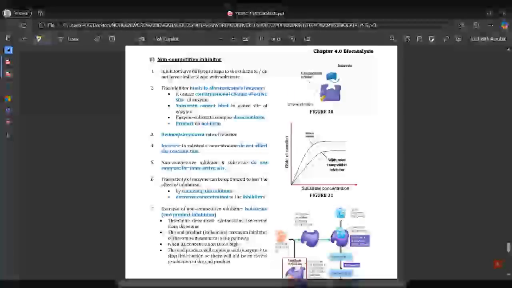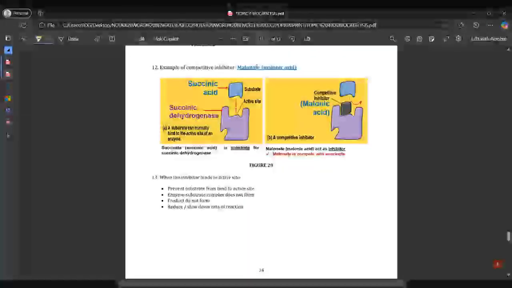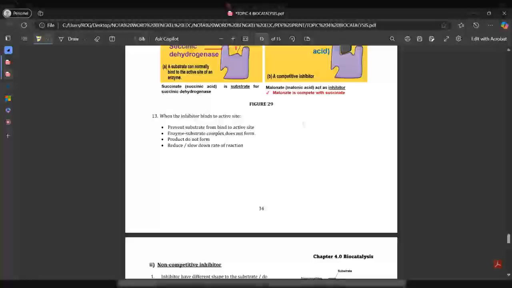Okay, so what are the examples? What are the examples for the competitive inhibitor? We have malonic acid, which is the inhibitor for succinic acid. The enzyme involved here is succinate dehydrogenase. Both of them have the same shape. So the presence of malonic acid can block the succinic acid from binding with succinate dehydrogenase.